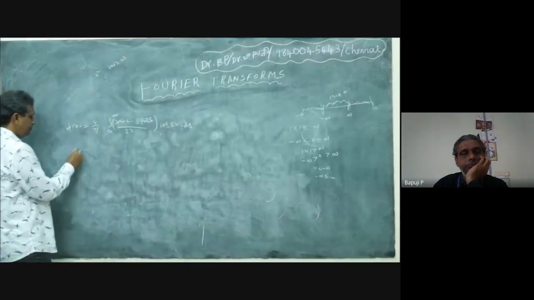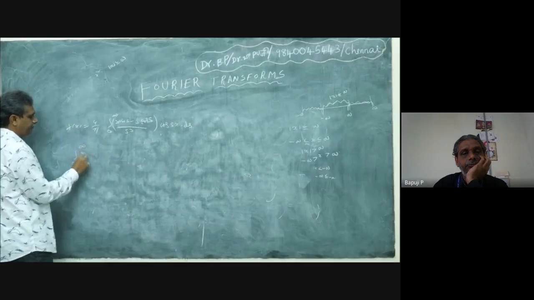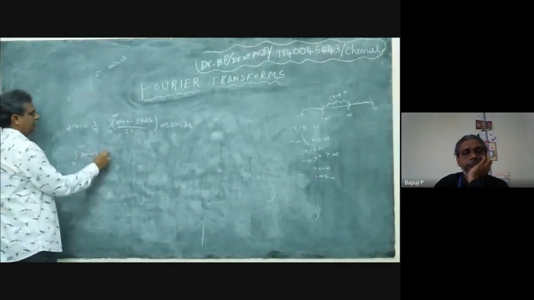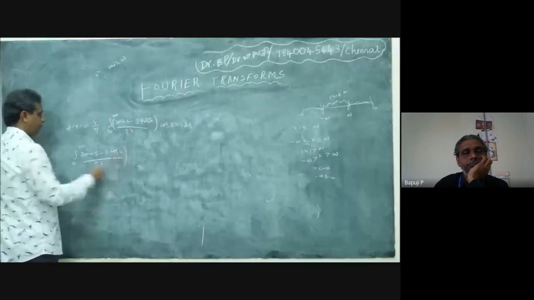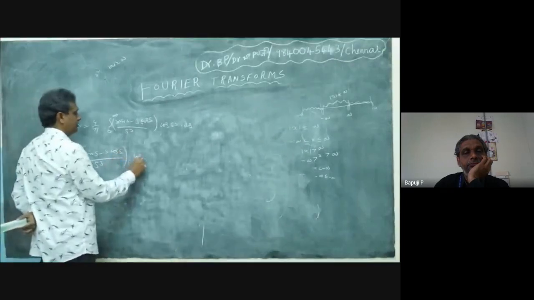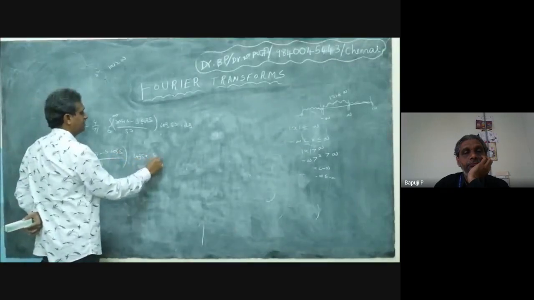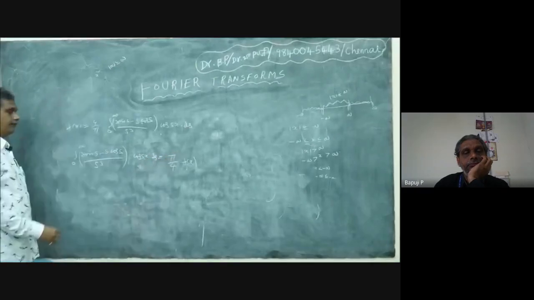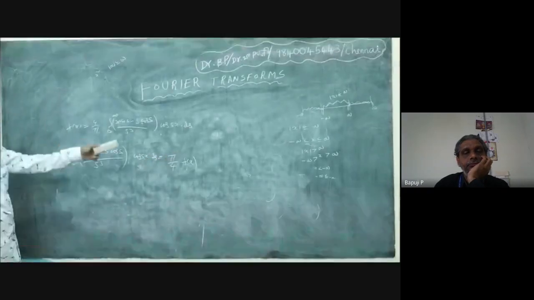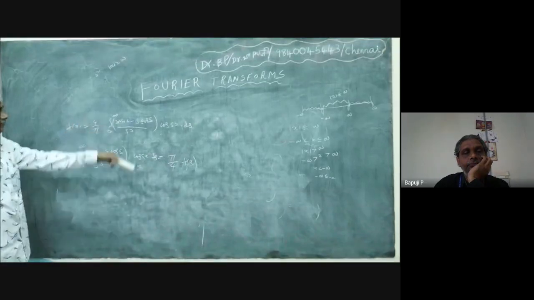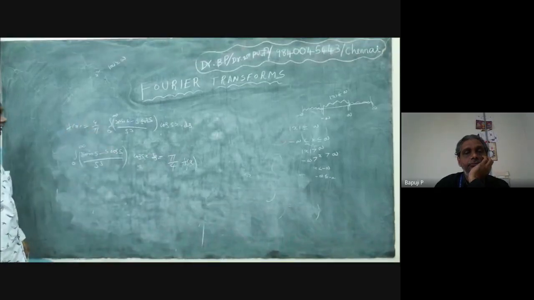This integral 0 to infinity sin s minus s cos s by s cube cos sx ds is equal to, can I write, pi by 4 f of x, taking the 4 by pi across. Reaching or not?